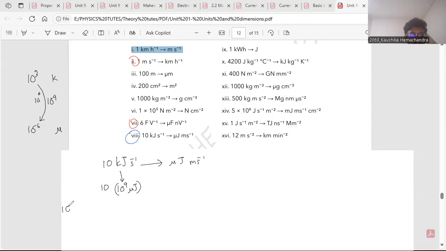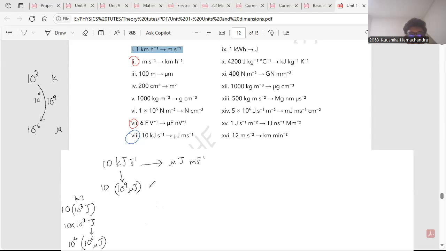That is kilojoule to joule, that is 10 to the power 3 joule. So you get 10 into 10 to the power 3 joules. Then joules to microjoules, 10 to the power 4 comes here. Joules to microjoules is 1 joule is 10 to the power 6 microjoule. So you get 10 to the power 6 into 10 to the power 4. It's the same as here. Right?